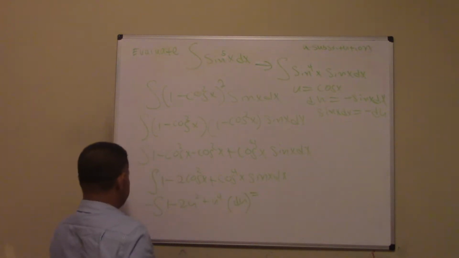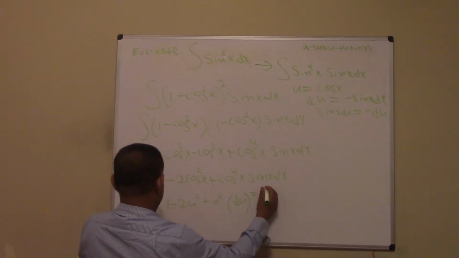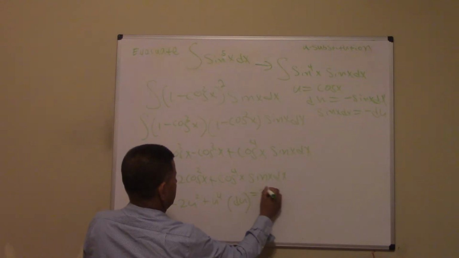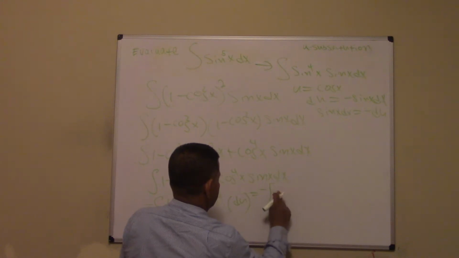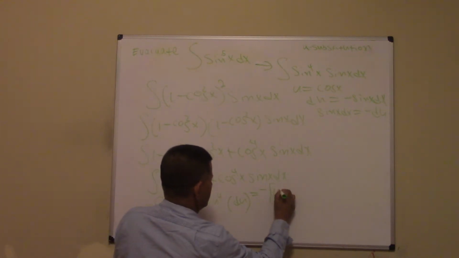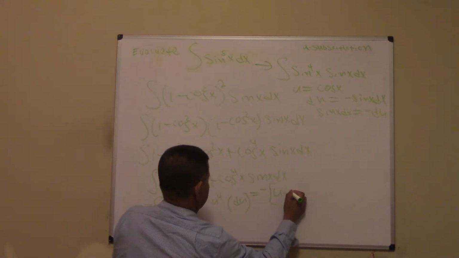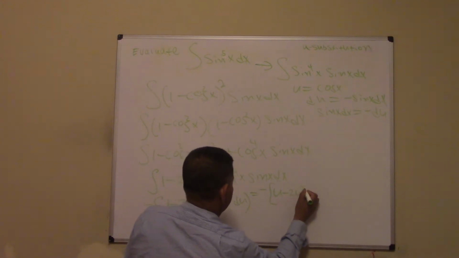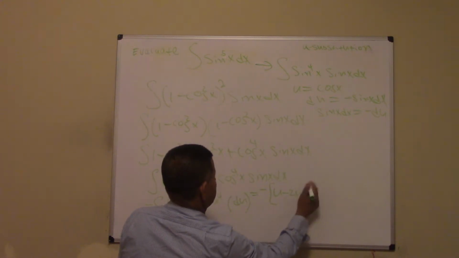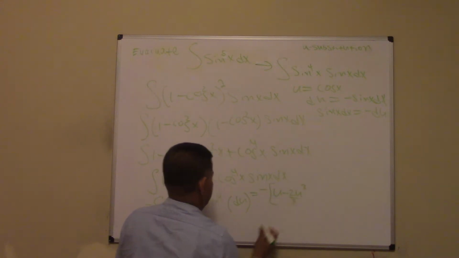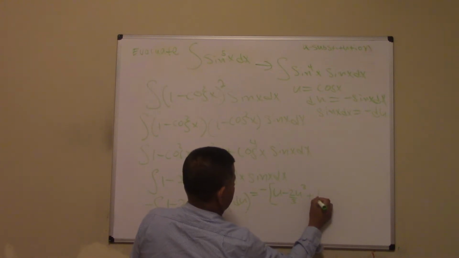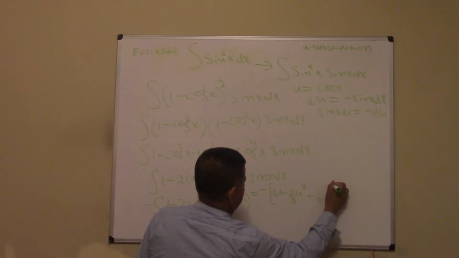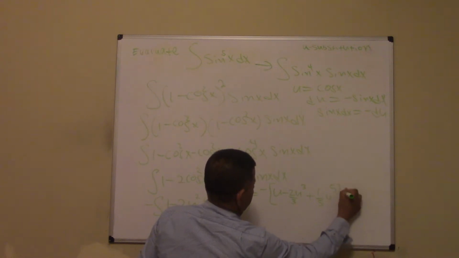And when I integrate that, I get minus, I get u minus 2u cubed, and then plus, you can say plus 1/5 u to the 5th power plus c, okay?